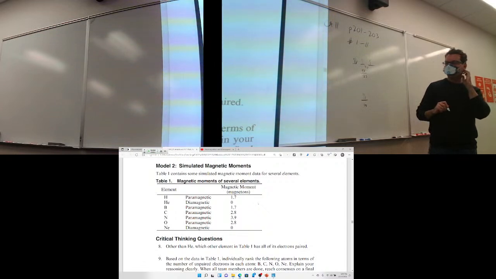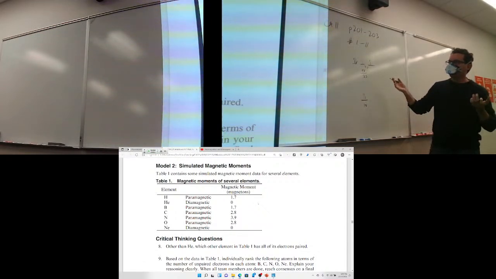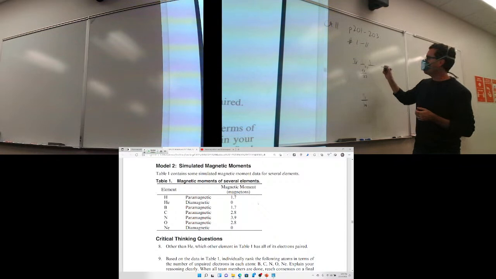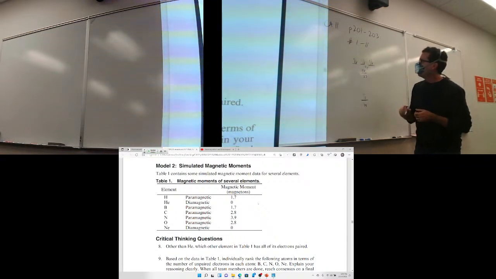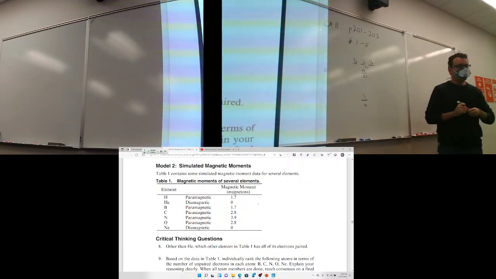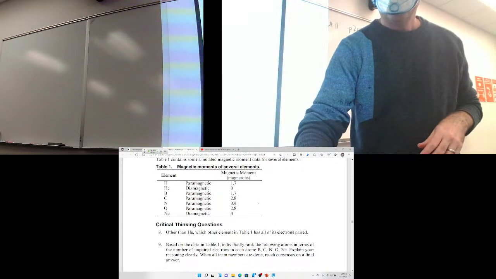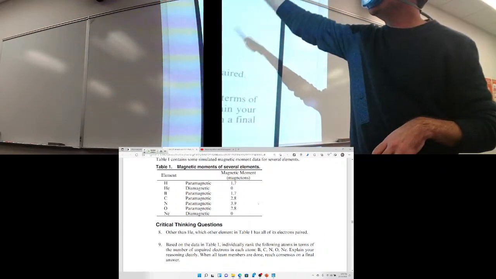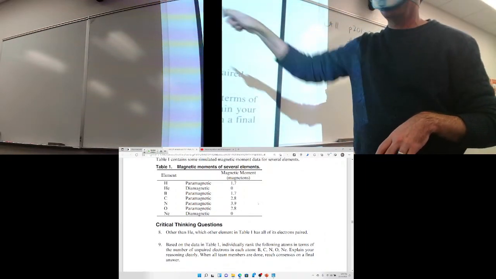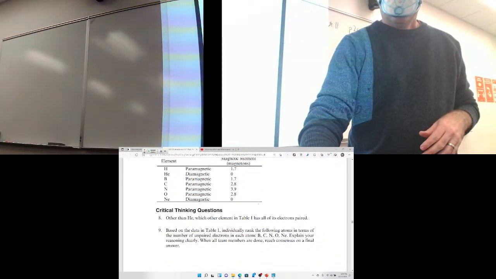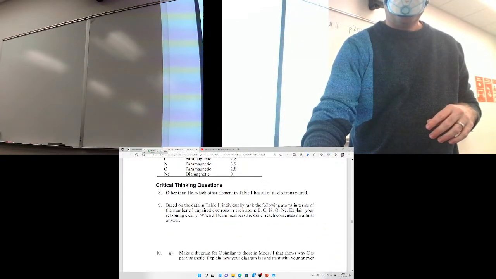Back down to 2. We're not doing fluorine, but when we get to neon, that's 10 total electrons. And you can see that for neon, there's going to be no unpaired electrons again. So, I didn't write them down, but 1, 0, 1, 2, 3, 2, 0. For some reason, fluorine's not on here.